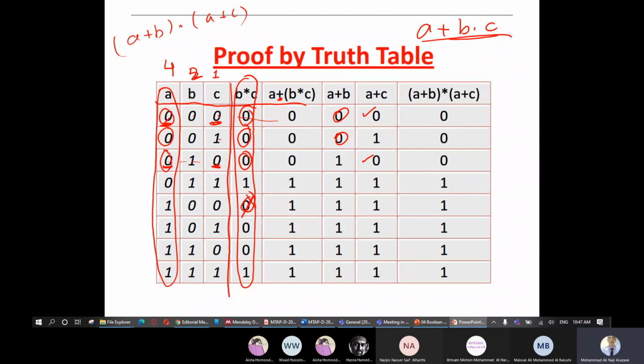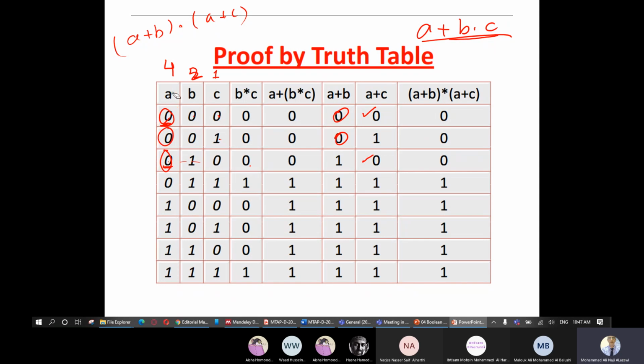So I have 0, 0, 0, 0, 0, 0. I'll have 3 zeros, and the rest automatically are ones. So I found A plus BC. These are the values, and now I have to find the other part, which is this one.